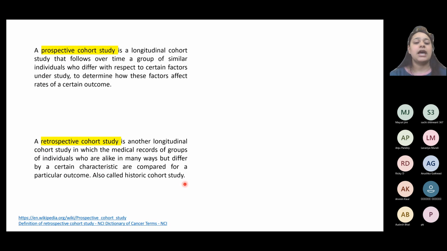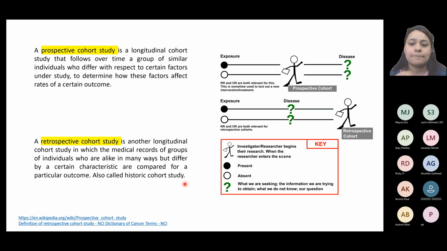So in this, up till now, we will get a similar group of individuals, and we will study their historic or medical records, to see that whether these individuals who are very similar otherwise, how did some of them have cancer, some of them do not get cancer, or something like that, right?